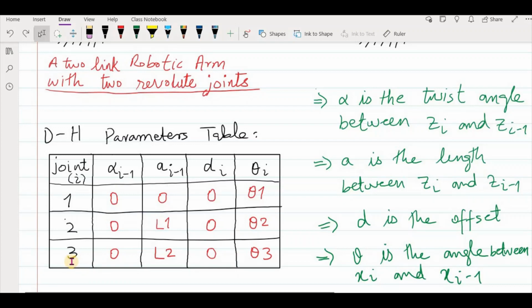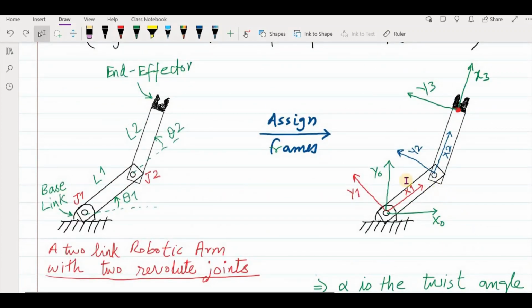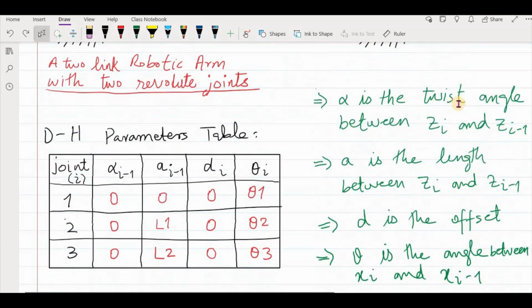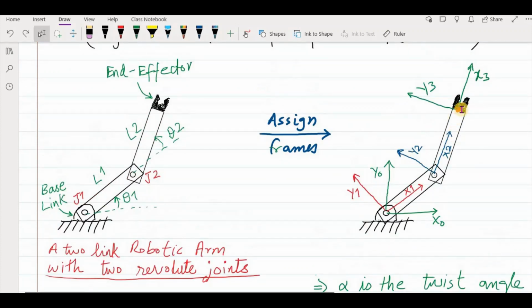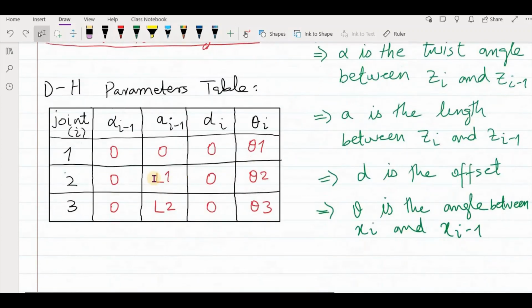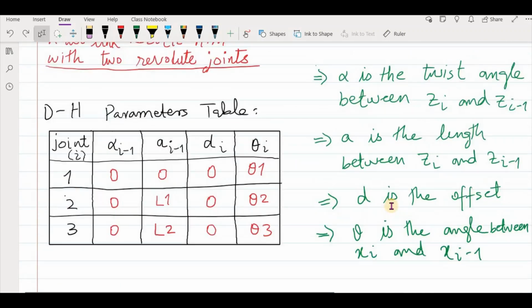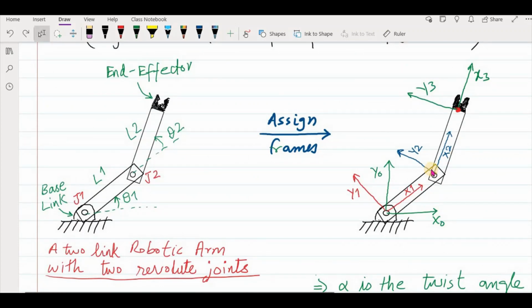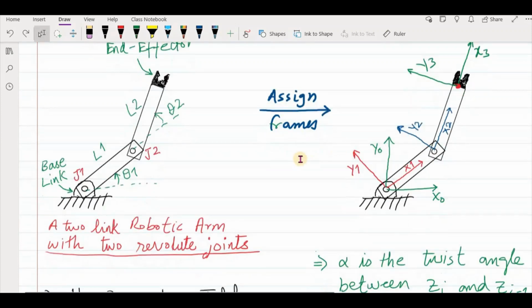Now we have reached frame 2, and now let's talk about frame number 3. For frame number 3, we calculate all its DH parameters with respect to the previous frame, which is frame 2. So the twist angle, again, will be 0, because the z-axes of both of these frames are parallel to each other. Okay, they are coming out of this page towards you, towards the reader.